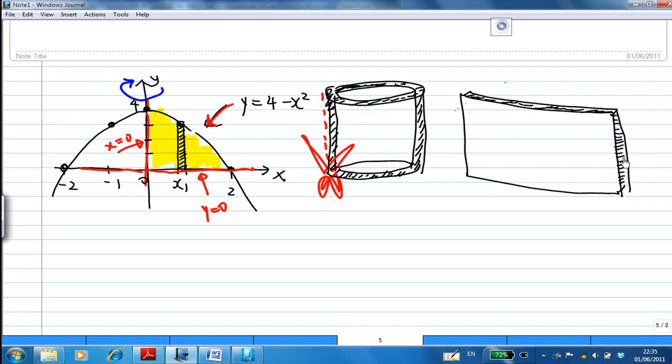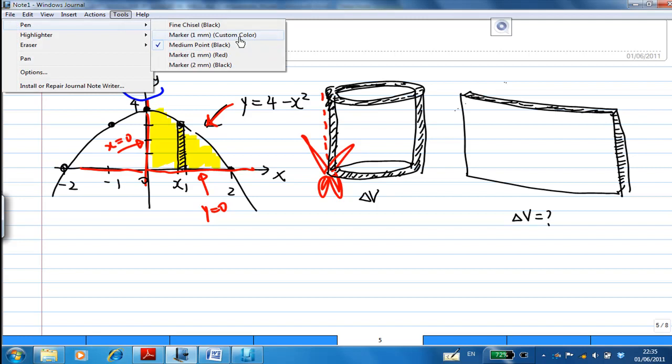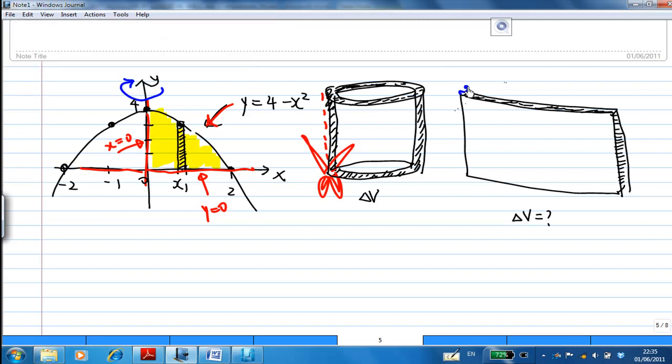Now let's try to find the volume of this little thin shell. I call this volume delta V. How to find the volume? So I need the thickness. The thickness is this delta x here, which is the thickness of the shell.